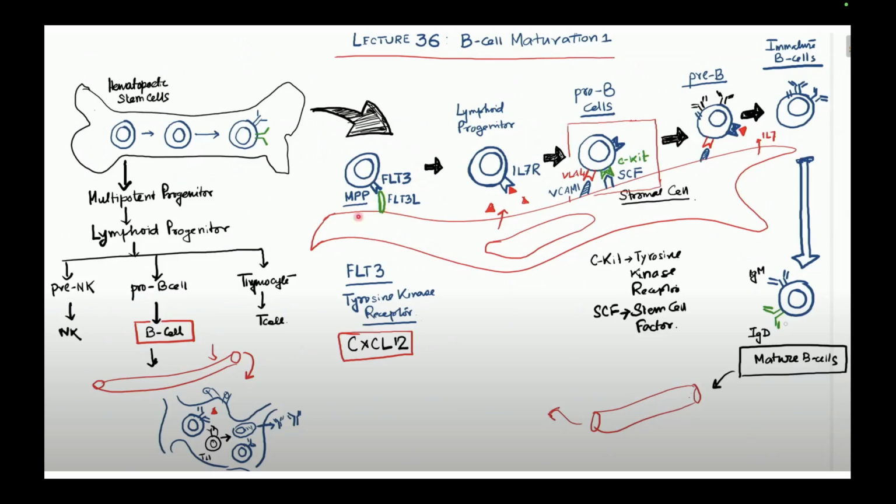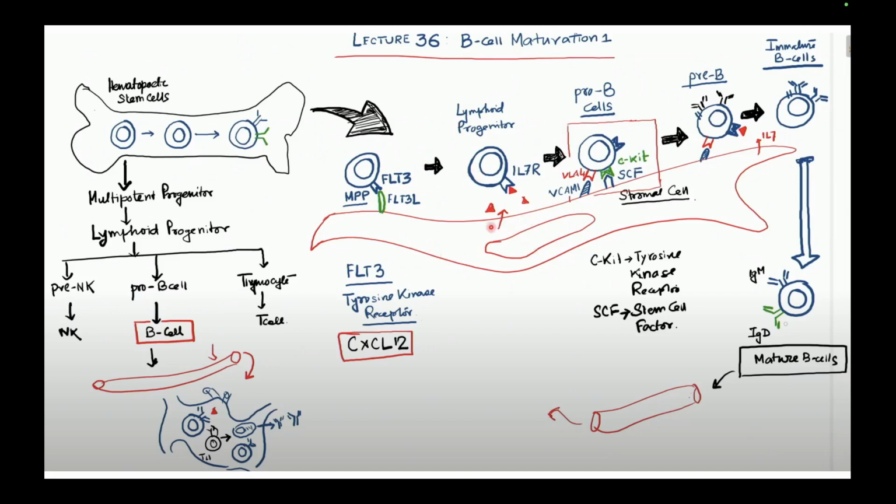So the multipotent progenitor cells, which express FLT3 on their surface, attach to the stromal cells via the FLT3 ligand. Now what happens due to this interaction?